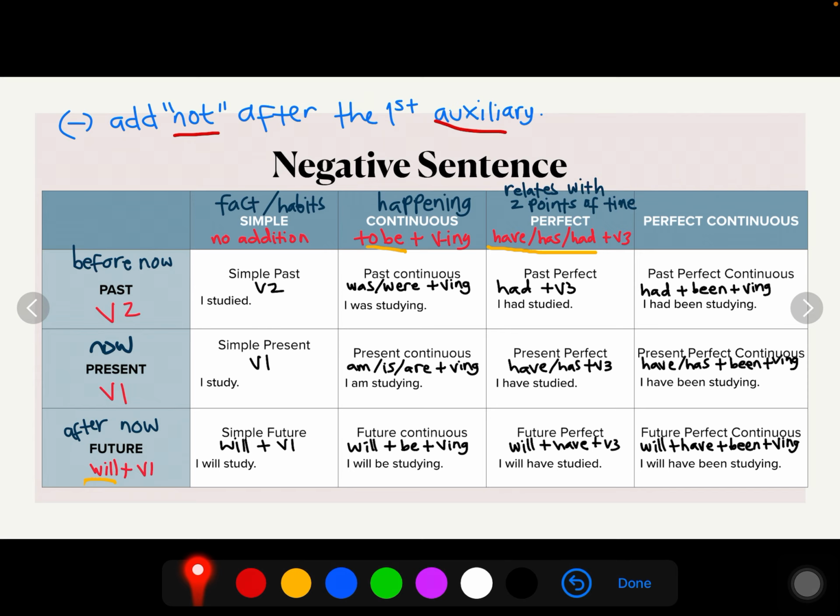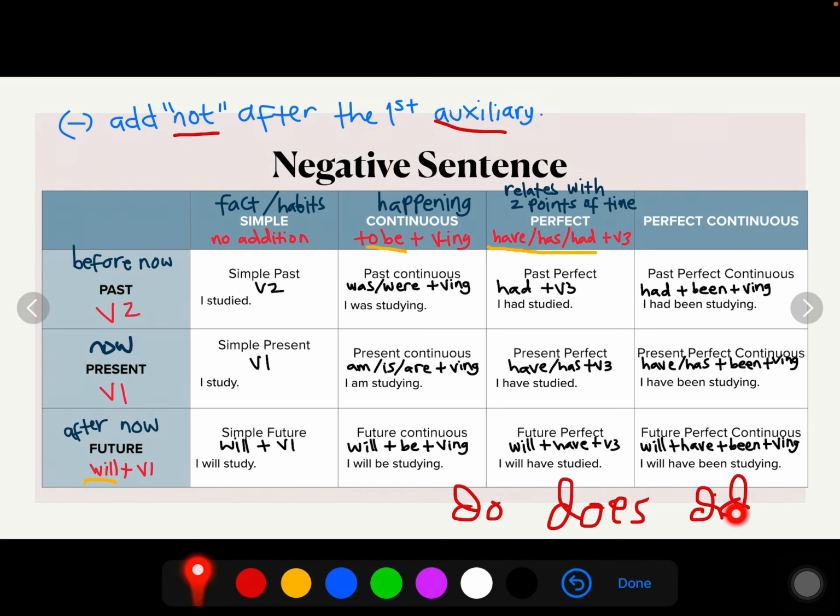Alright, let's start with simple past and simple present first. If you see here, we cannot see any auxiliary. There is no will, to be, or have, has, had. So it means we need to add an auxiliary first here. The auxiliaries that we need to add are do, does, or did, right? For simple tense. But then here we need verb 2 for simple past. So from these auxiliaries, the verb 2 is did.